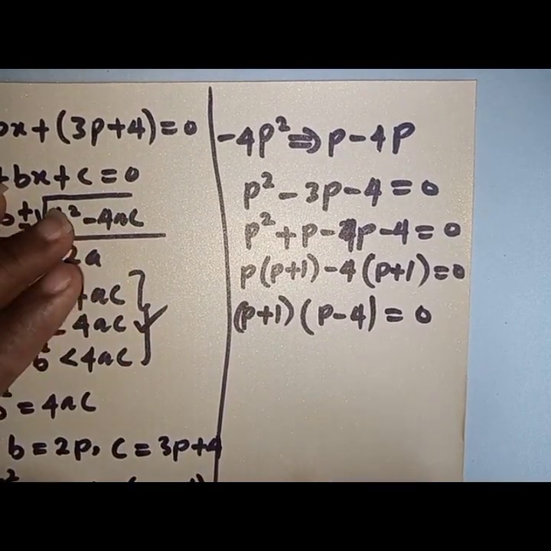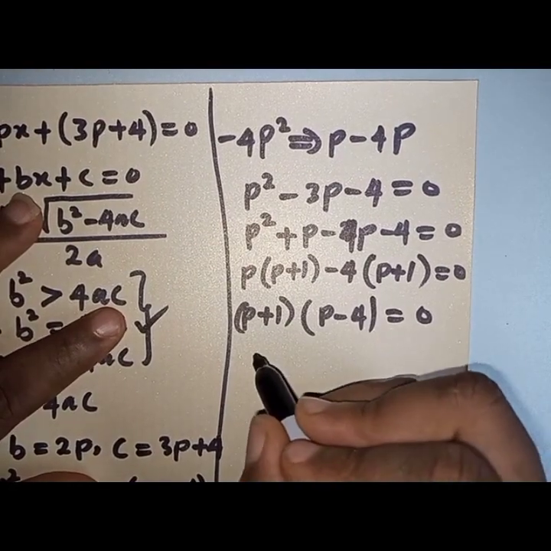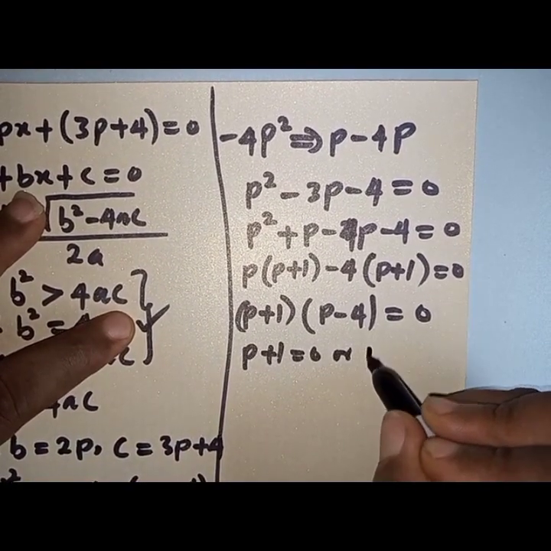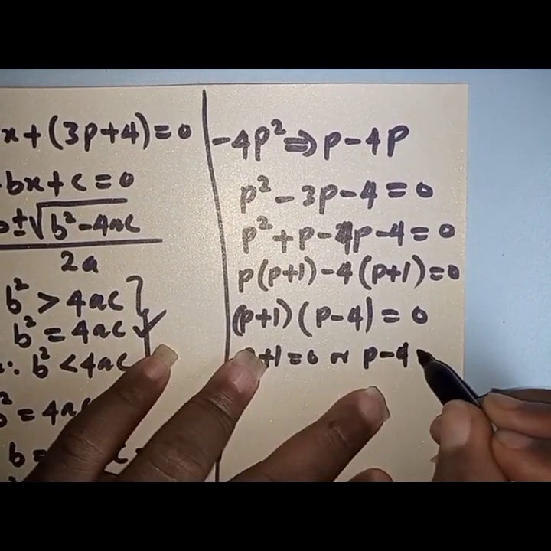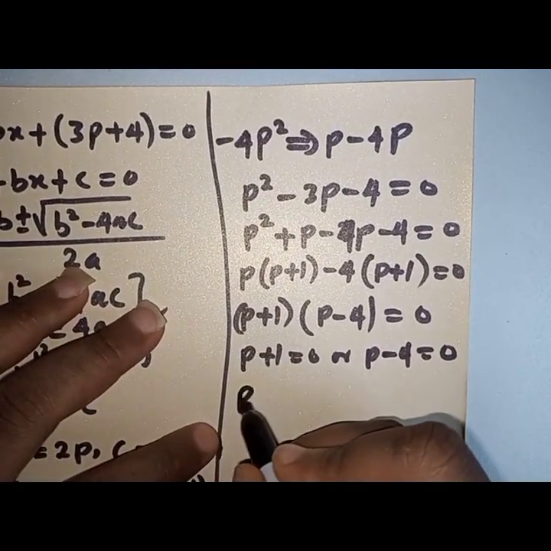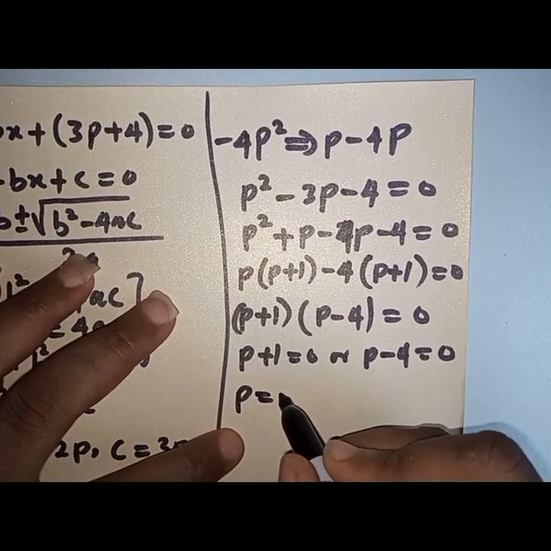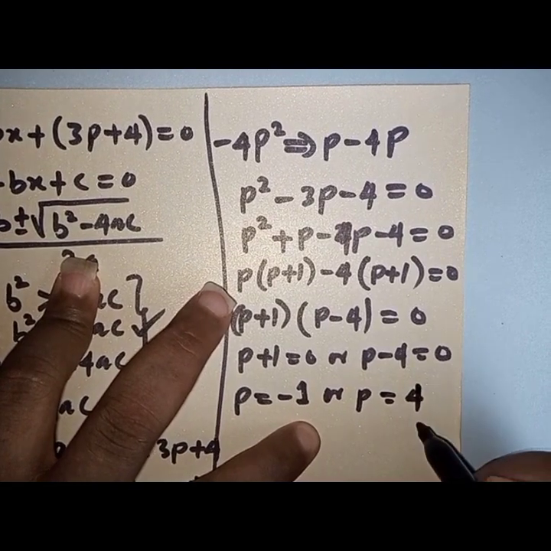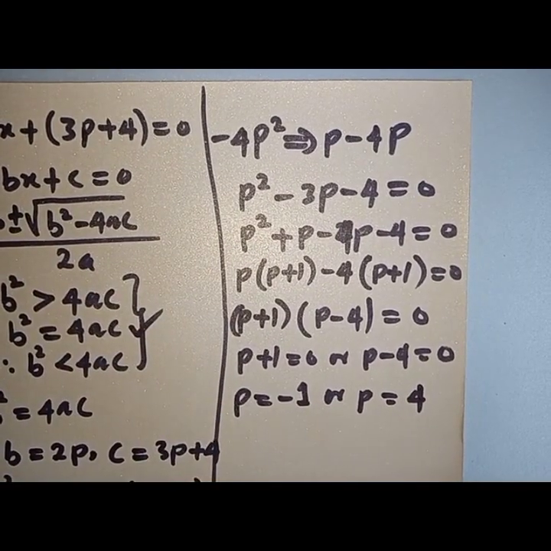It means that p plus 1 is equal to 0, or p minus 4 is equal to 0. So finally, my value of p for equal roots is minus 1, or p is equal to 4. That's the value of p for equal roots.